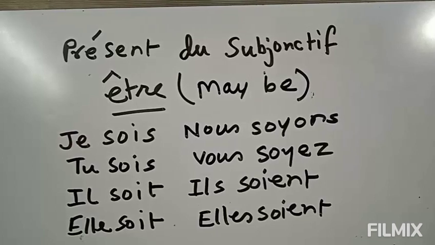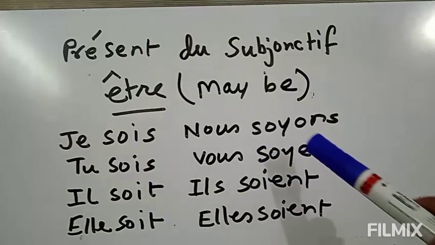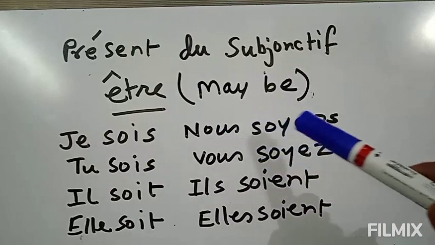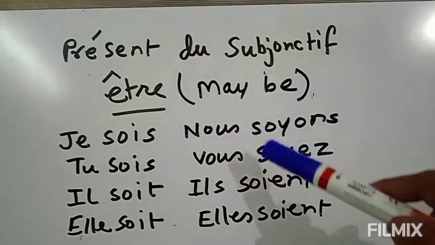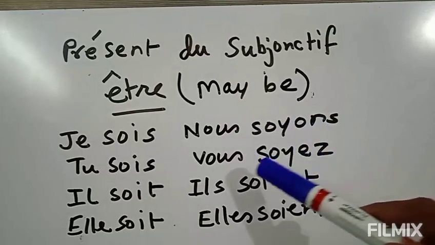Il soit, S-O-I-T, is for third person singular. He may be. Elle soit, she may be. Nous soyons, this is plural, we may be. Vous soyez, you may be, this is formal, for respected persons and elders, you can use it.